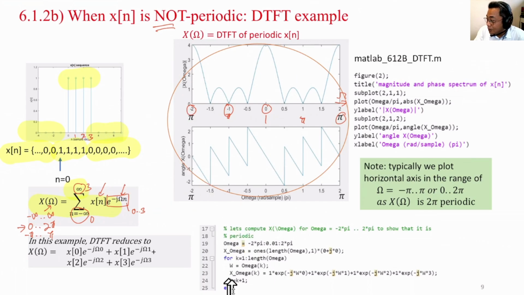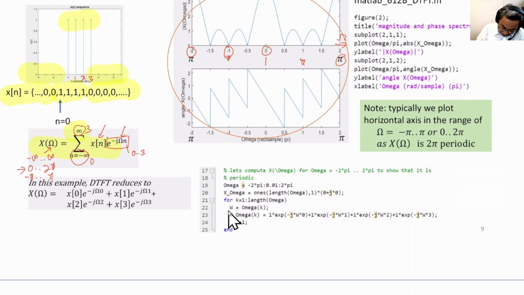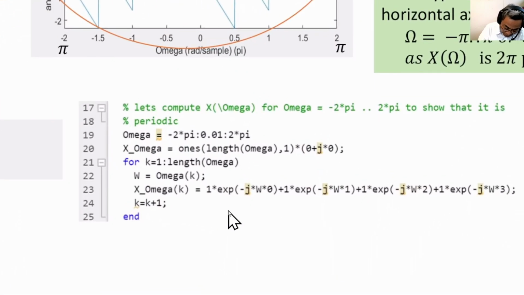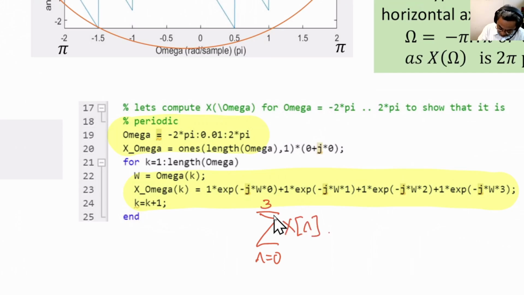Okay, so how do I do it? This is my MATLAB code to do it. What I did was simply I have the for loop of the horizontal axis from minus 2 pi to 2 pi, and then I actually just write this summation, and this summation, if you see it very carefully, is nothing but the summation of n equals 0 to n equals 3 for x of n e to the minus j omega n.